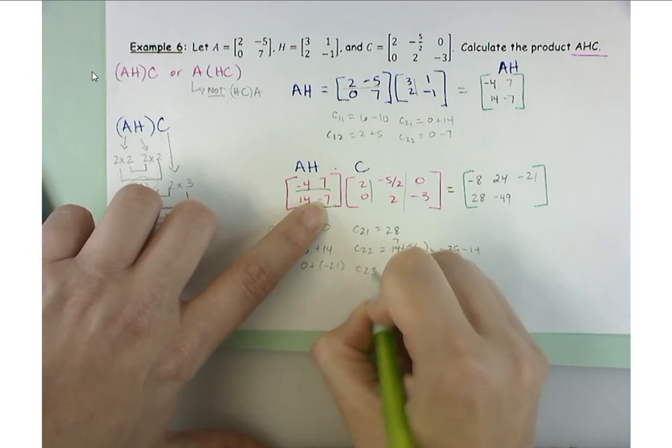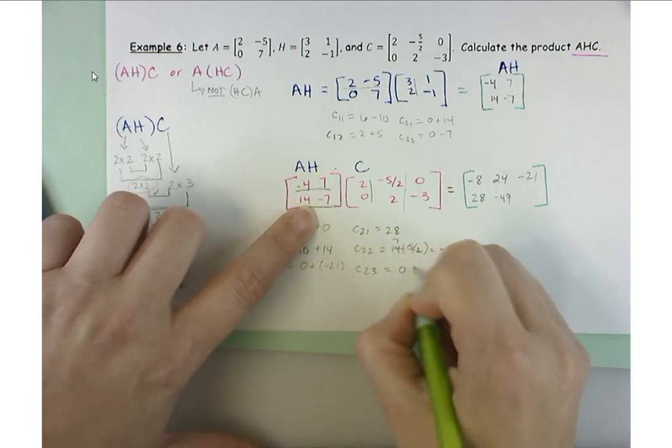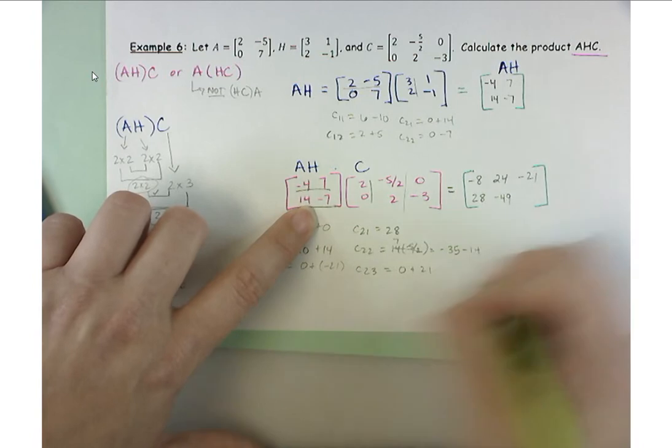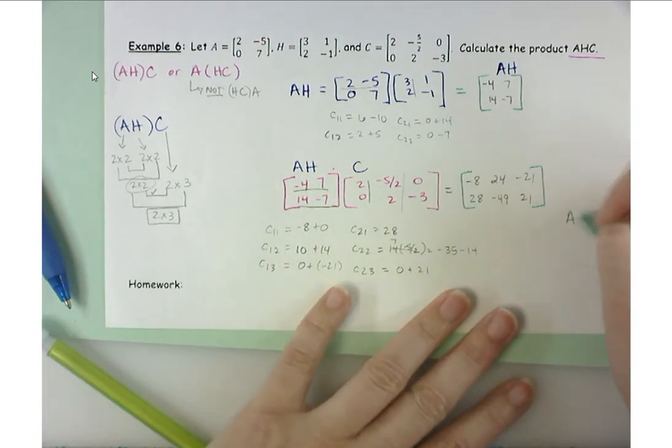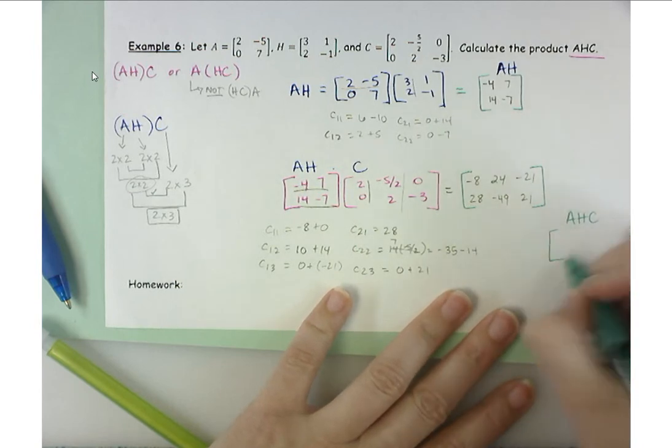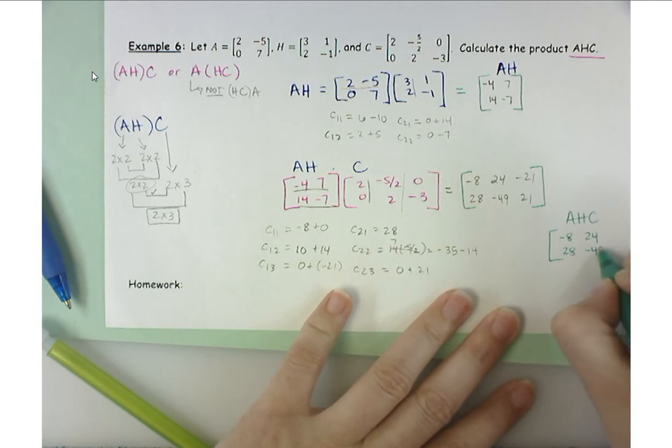And then your second row, your third column, would be 0 plus 21. So then that's going to be your final answer. So that's going to be your AHC. Is negative 8, 28, 24, negative 49, negative 21, 21.